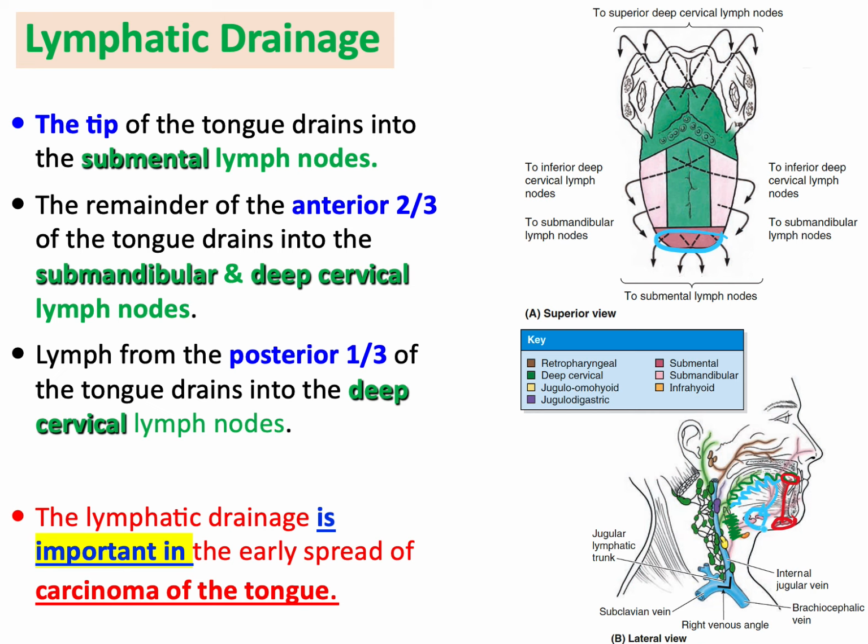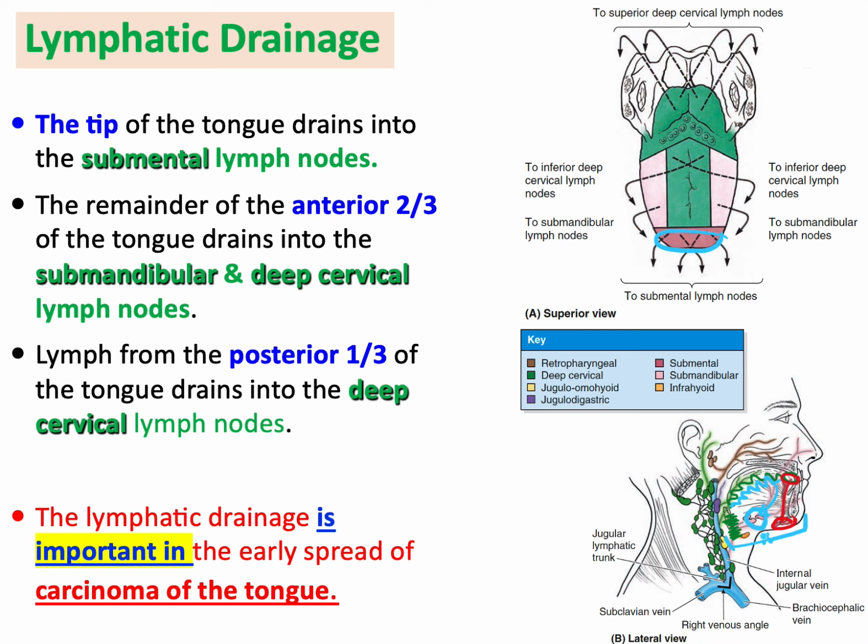Now, the rest of the anterior 2/3 of the tongue drains into submandibular lymph nodes. Somebody can say, where are the submandibular lymph nodes? Okay, they are located midway between the tip of your chin and the angle of the mandible. So in the midway here, you can feel it, guys.